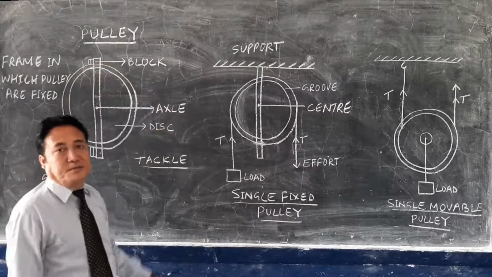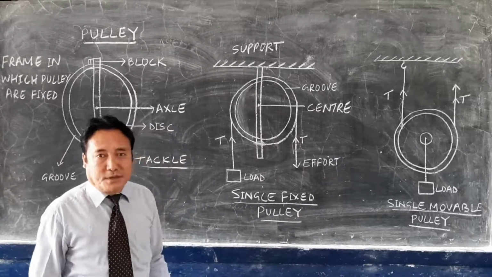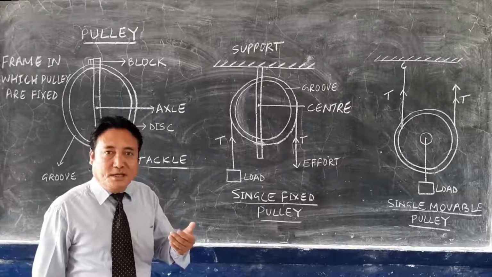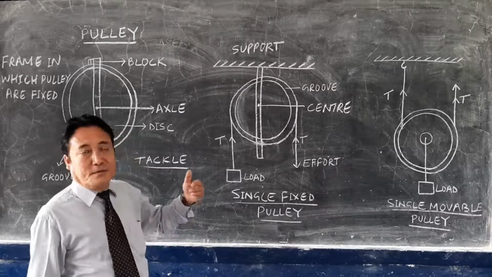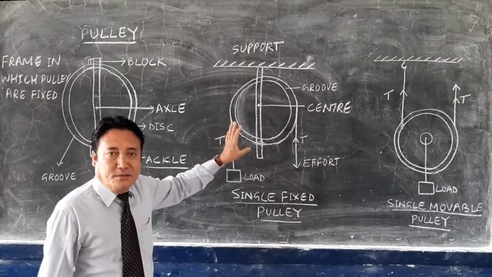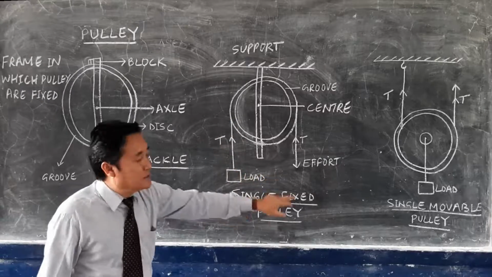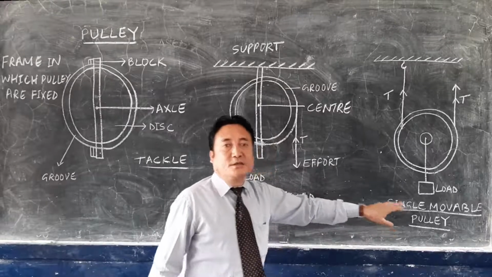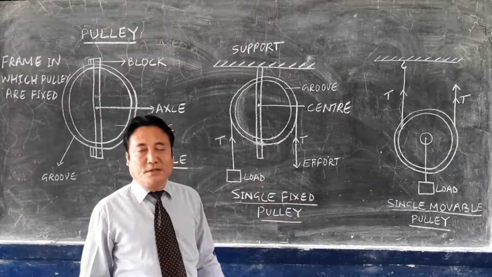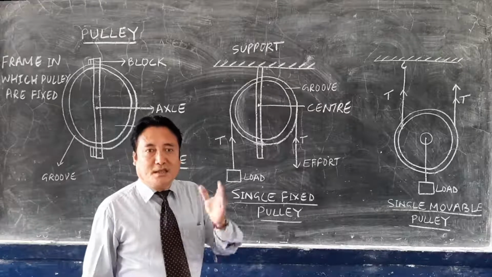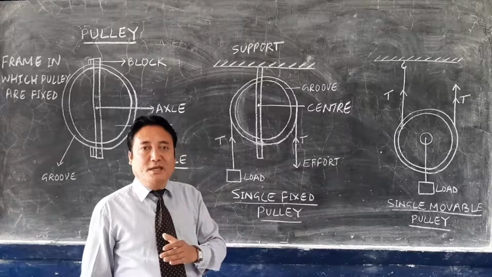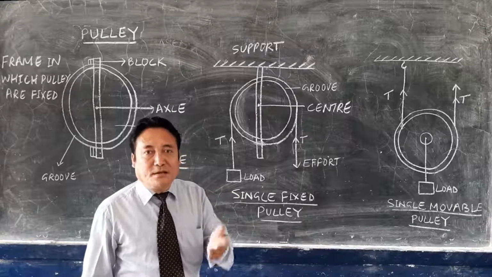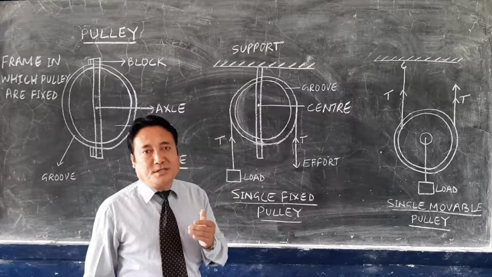There are different types of pulley. In order to do mechanical work, we use a single pulley, and single pulleys are of 2 types. One is a single movable pulley, and the other one is a single fixed pulley. This is the single fixed pulley. This is the single movable pulley. The other type is the combination of pulleys.